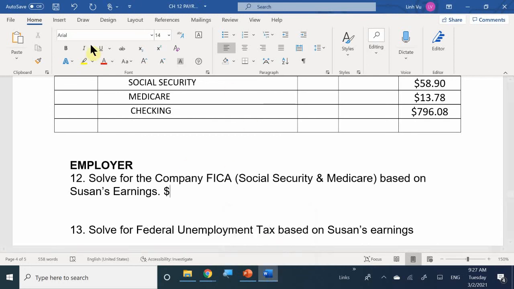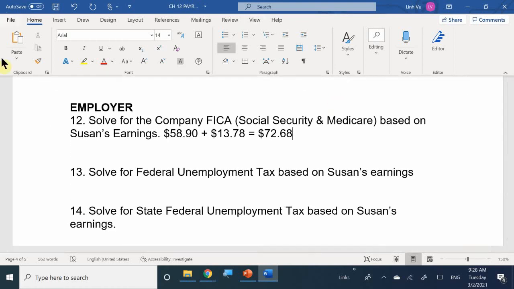What was Social Security up here? $58.90 plus the $13.78. How much in total is the company FICA? $72.68. Okay.